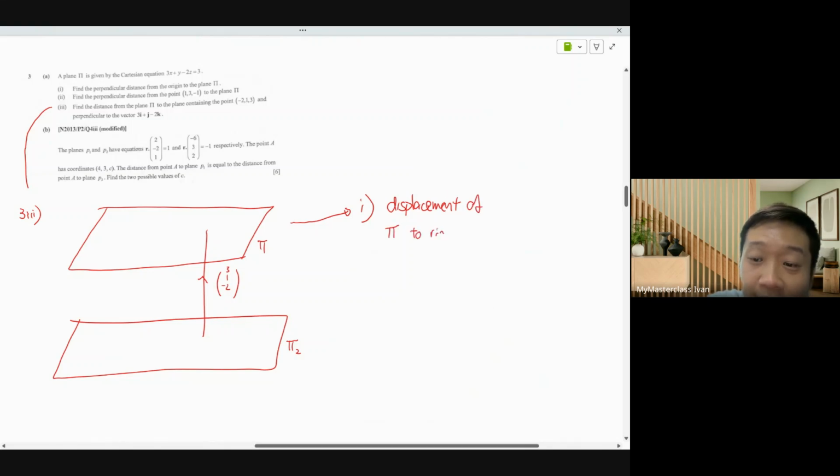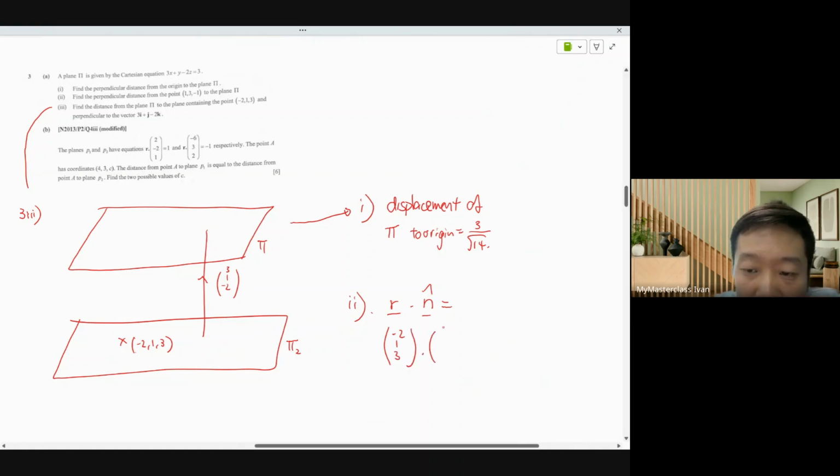What's the answer for part 1? It is equal to 3 over root 14. So for part 2, all I need to do is the same: r dot n hat equals the displacement.